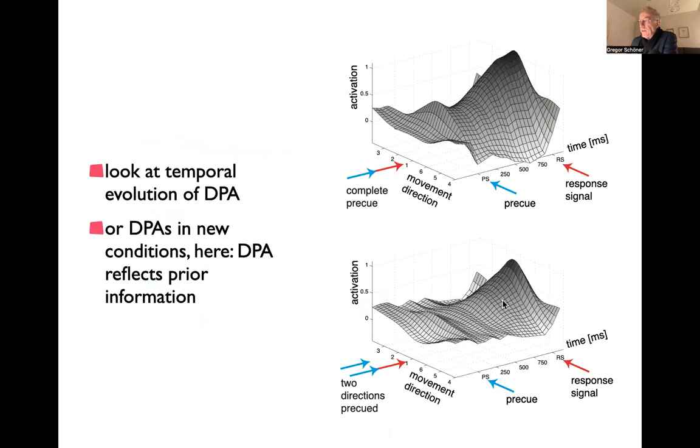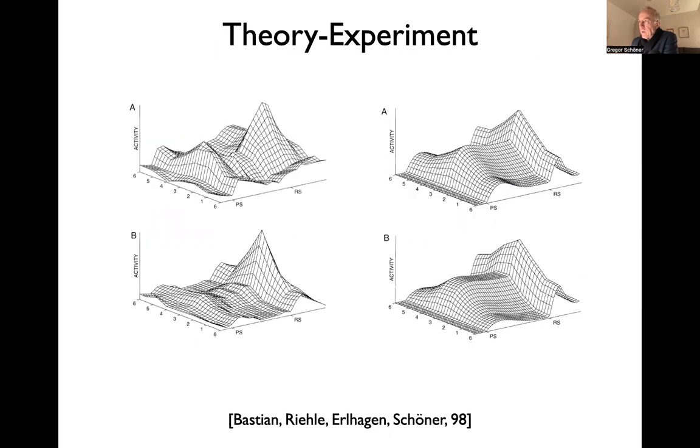Here's an example of how the distribution reflects motor conditions. Here the distribution is broader initially when two movement directions are cued than if a single one is cued, as you can see. So it really reflects the information about the upcoming movement, and it can be modeled.